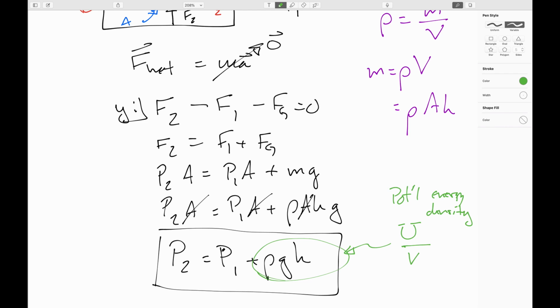So it's proportional to the thermal energy over the volume. So the pressure is proportional to the thermal energy density. So we'll keep that in the back of our mind, that while we got this from doing forces, we can also think about this doing energies. This will be more important in the next series of videos when we get to Bernoulli's equation, when we're looking at moving fluids. I just wanted to point it out now.